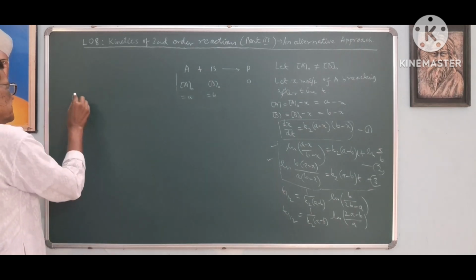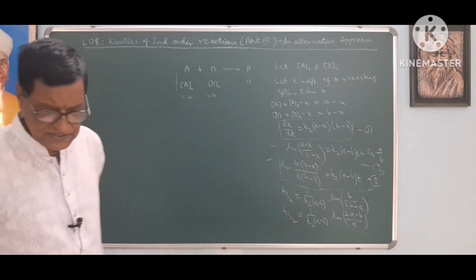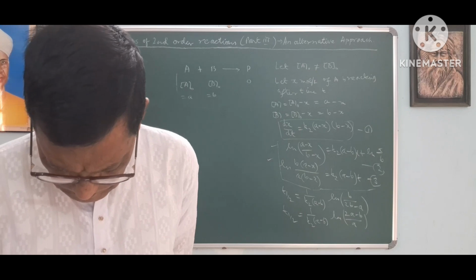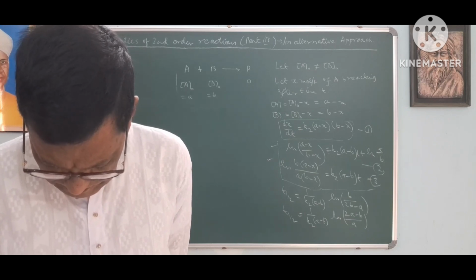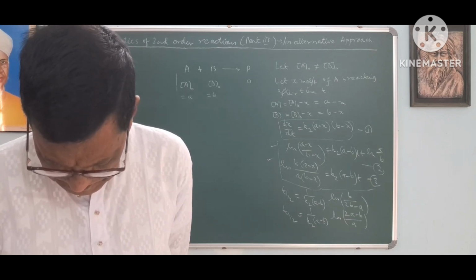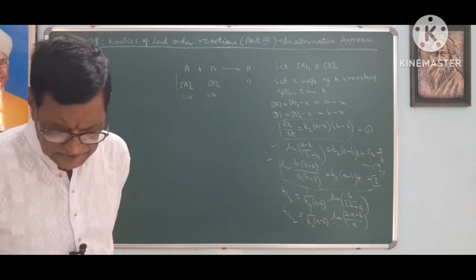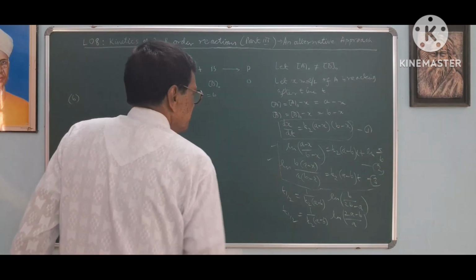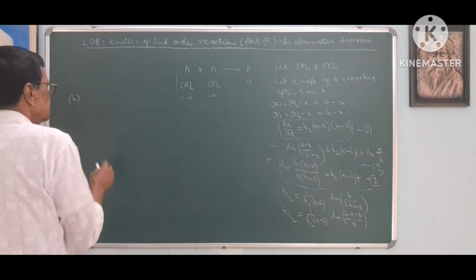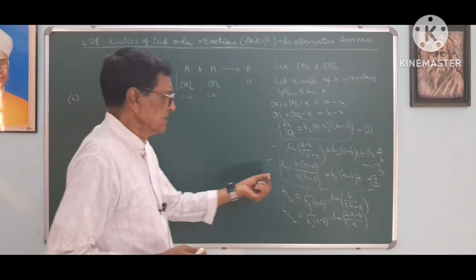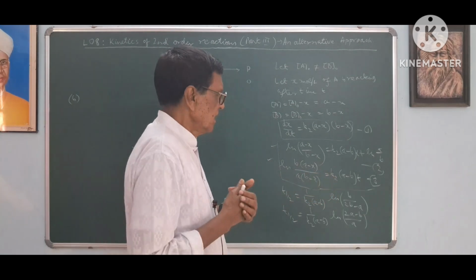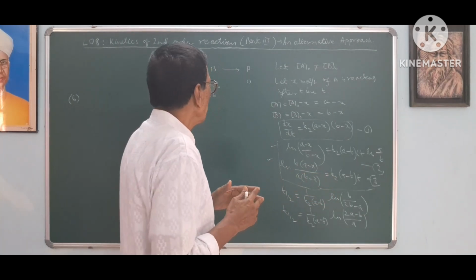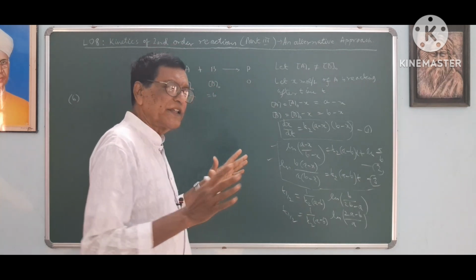Then the sixth feature: this equation 3, its integrated form, is not valid when A and B are equal.